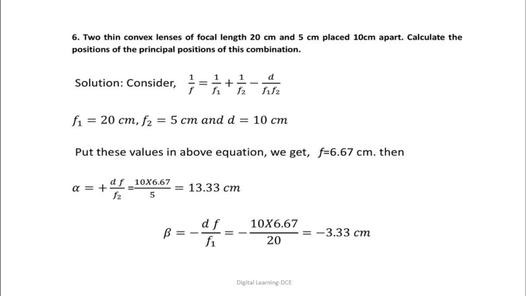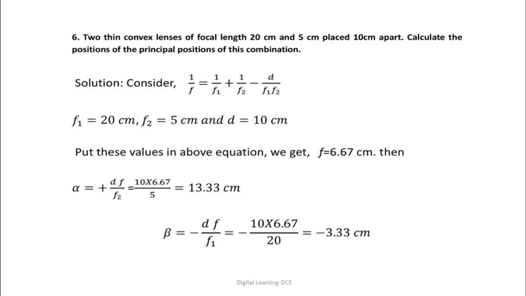Next problem. Two thin convex lenses of focal length 20 centimeter and 5 centimeter are placed 10 centimeter apart. Calculate the positions of the principal points of this combination.